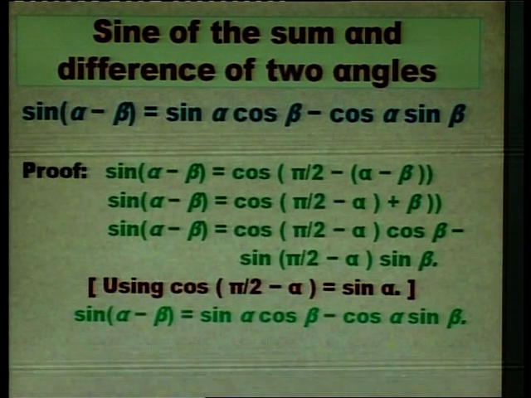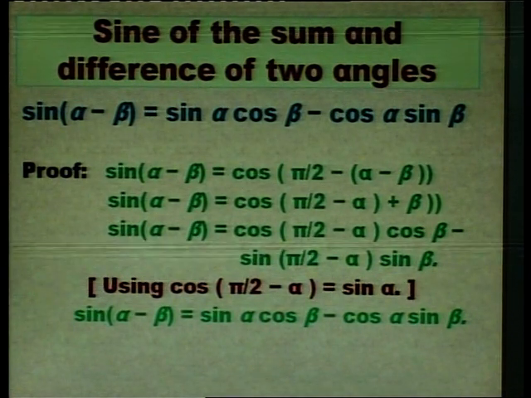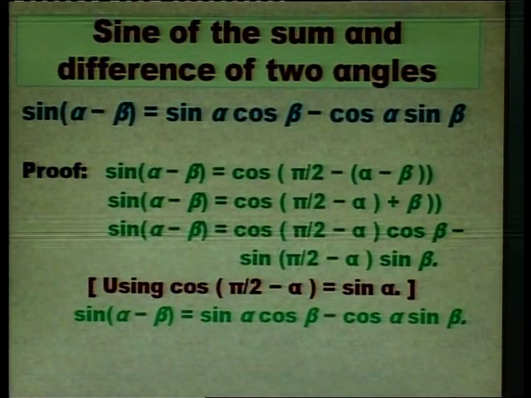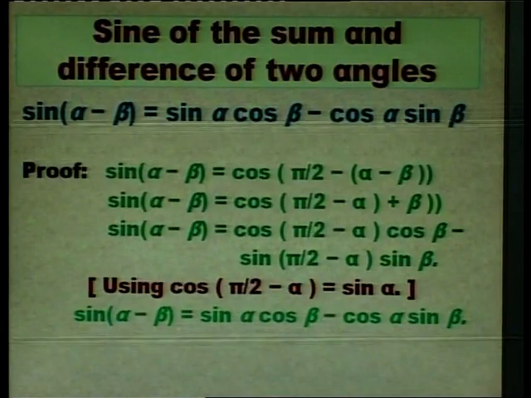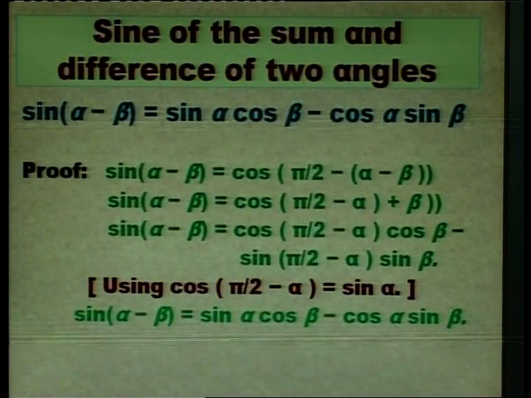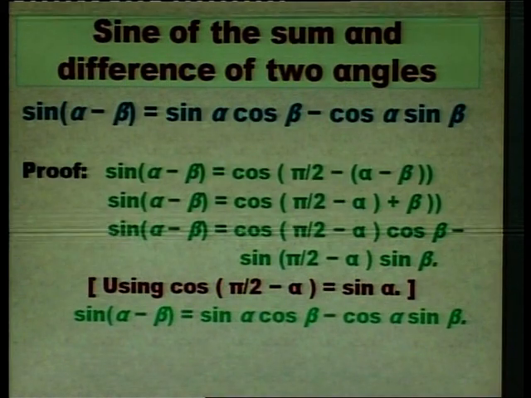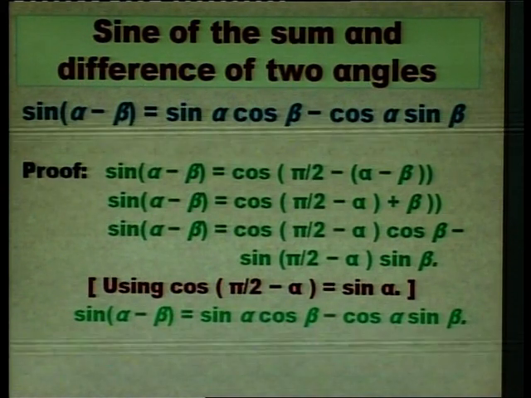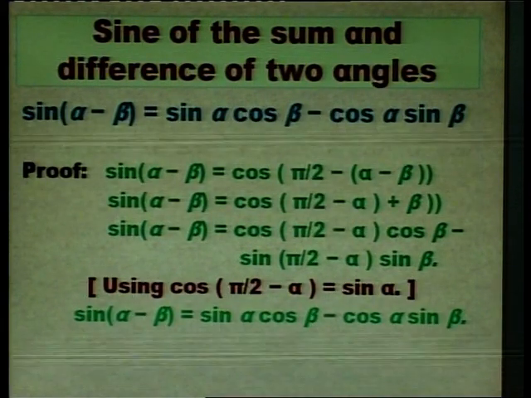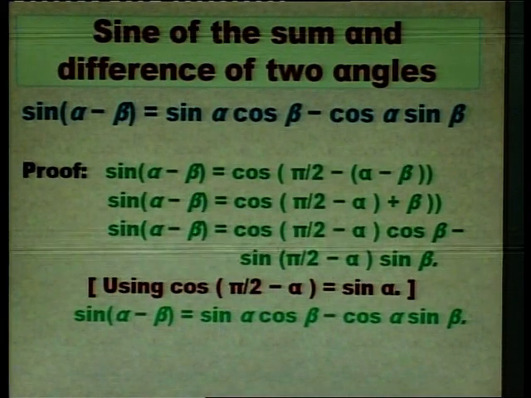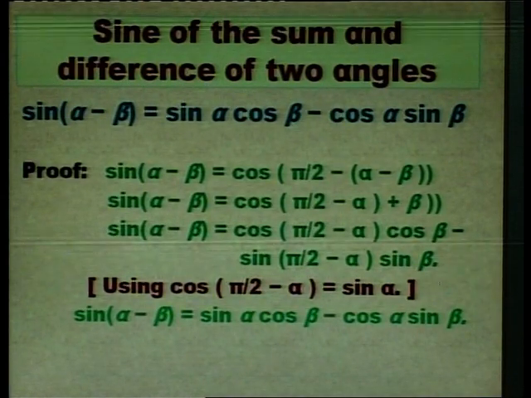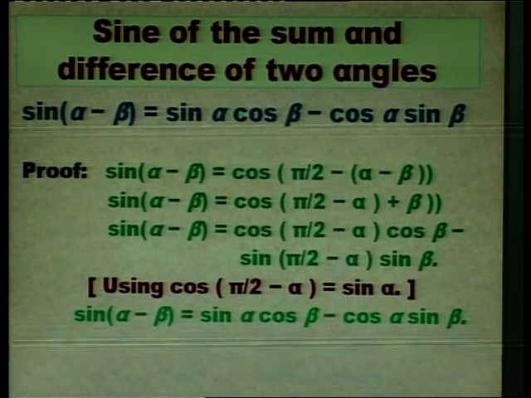Again, taking the help of the remark which I have written in red letters, that cos of pi by 2 minus alpha is sin alpha and similarly sin of pi by 2 minus alpha is cos alpha, we finally get sin of alpha minus beta is equal to sin alpha cos beta minus cos alpha sin beta.